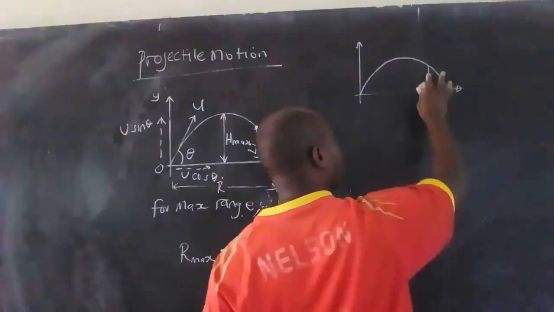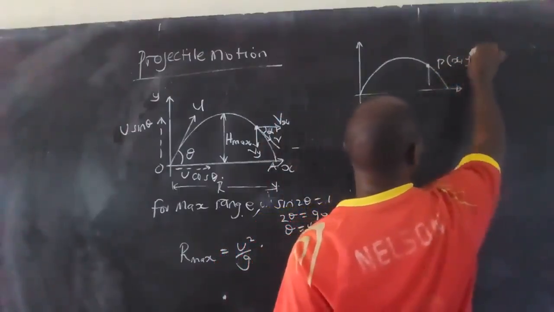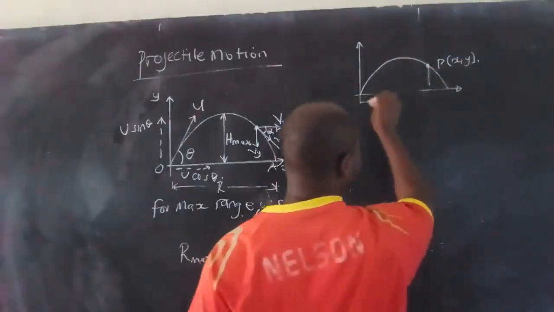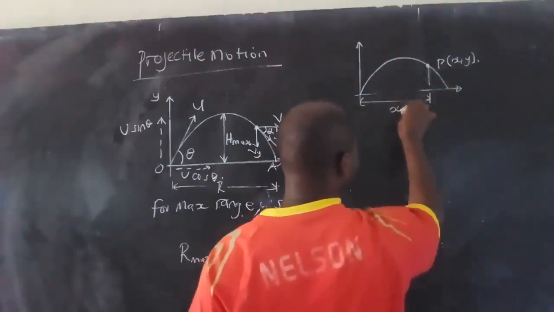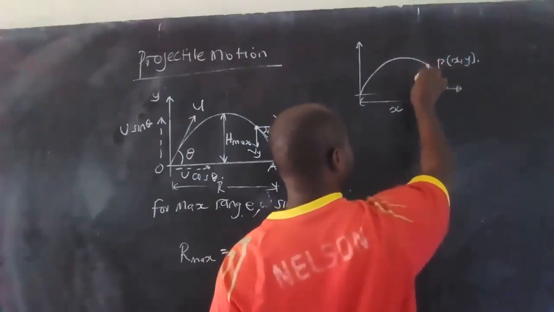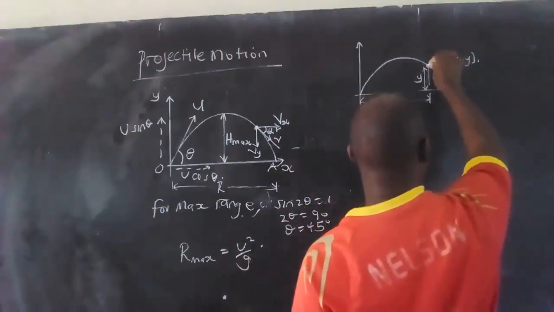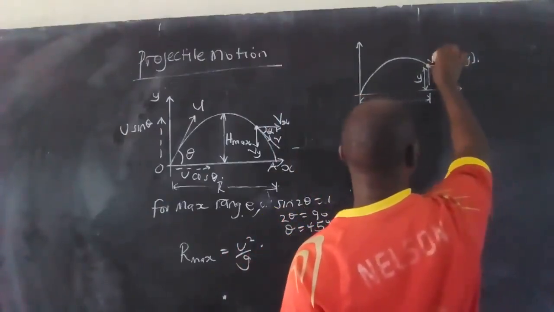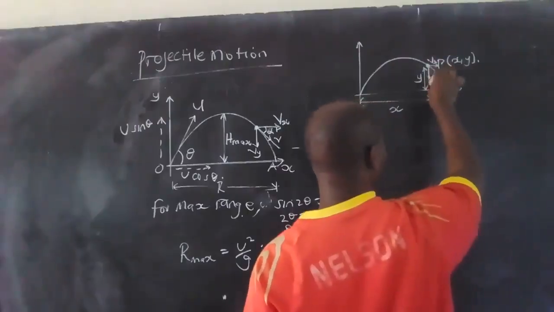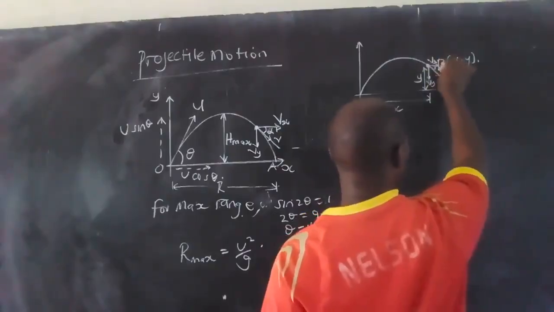Then I look at a point P, x, y, meaning that horizontally it is x, vertically it is y. Then the speed, this one is v, this is vx, this is vy, and the angle is alpha.